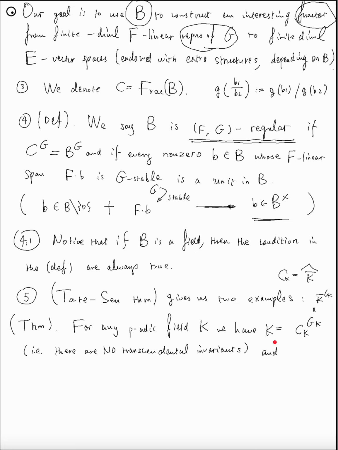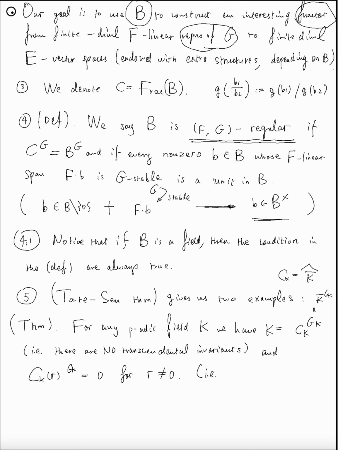And the twist of this C_K, we fix it by G_K, it becomes 0 for r non-zero.